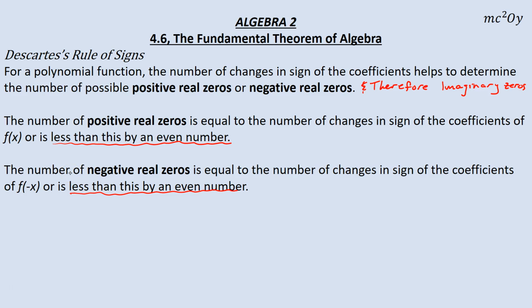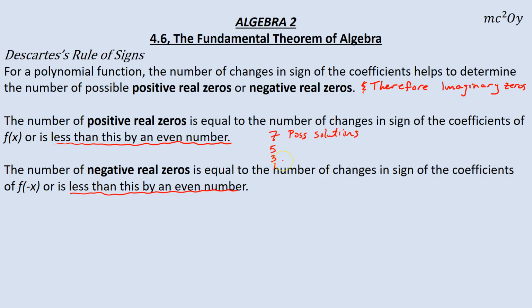That means if I had 7 real or positive solutions, just taking a number for example, if that's the maximum number of possible positive solutions, then less than that by an even number, well, the even number is 2, so if I subtract 2, there could also be 5. If I keep subtracting 2, there could be 3, and again, there could be 1. So it could be 7, 5, 3, or 1.